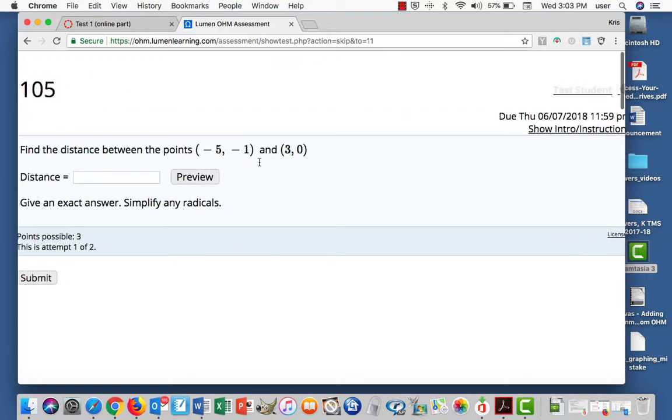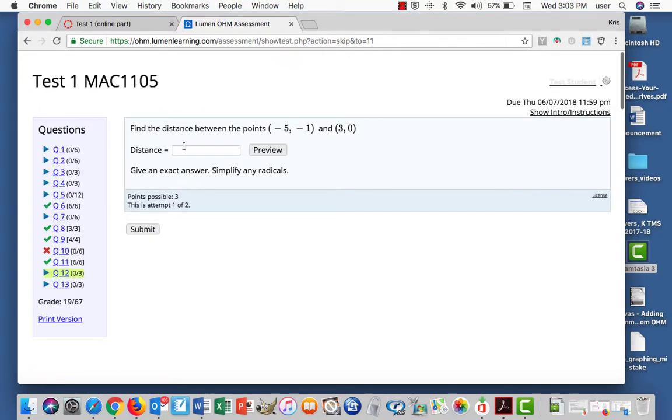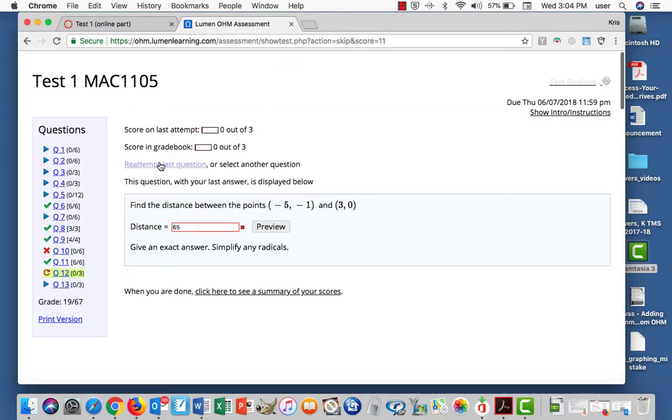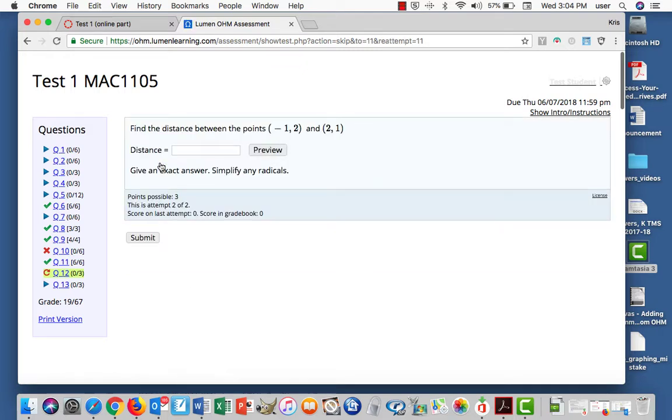So what I wanted to do is fill in a wrong answer. So let me do it without the square root, maybe. And just see if maybe the second time I'll get one that does simplify. No, that one doesn't either.